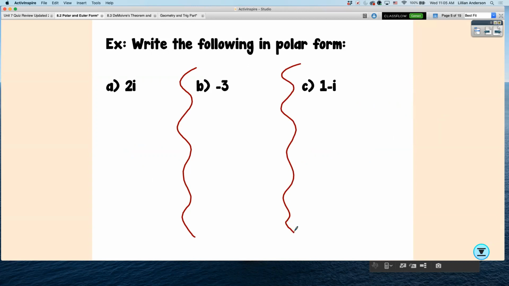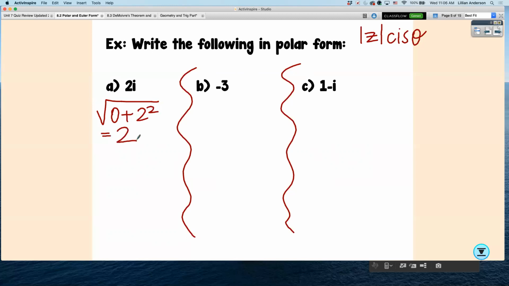Remember to go to polar form as the modulus of z cis theta. So essentially I need my modulus and I need my angle. Remember, your modulus is found by doing the square root of a squared plus b squared. Well, what's a in this problem? 0. What's b? So then my modulus is nothing but 2.